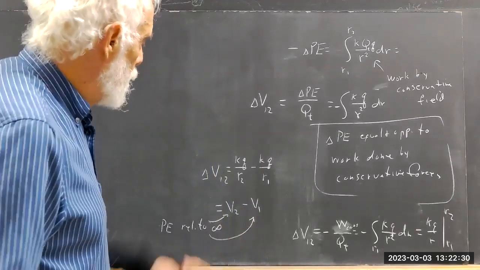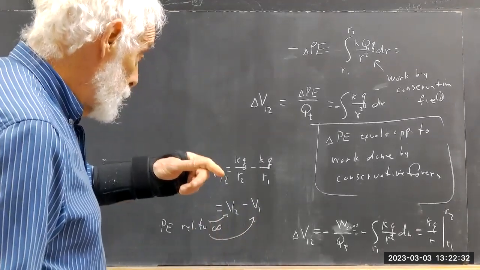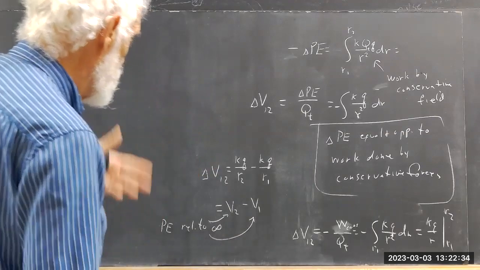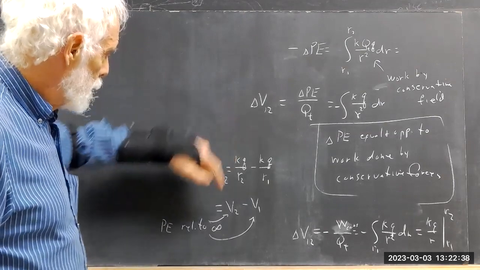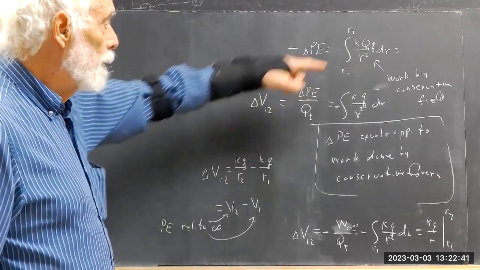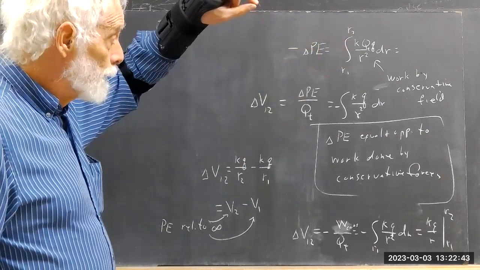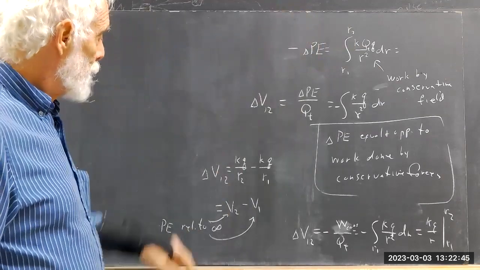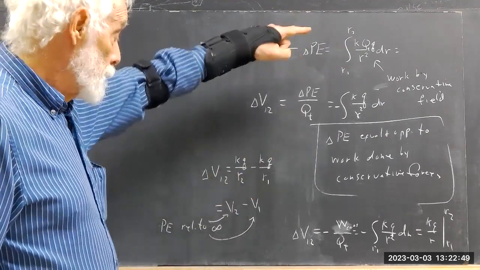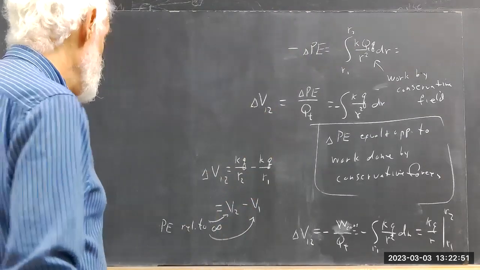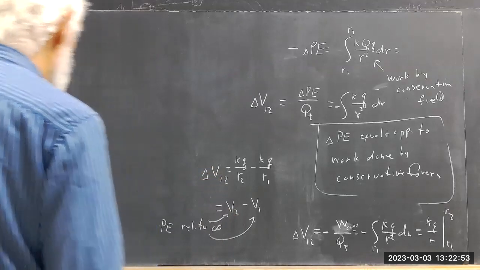There's your PE at distance R1. I think I might have said Q when I should have said R. This is your potential energy due to the point charge Q at distance R2 minus the potential energy of the charge Q at distance R1. Potential energy relative to infinity.